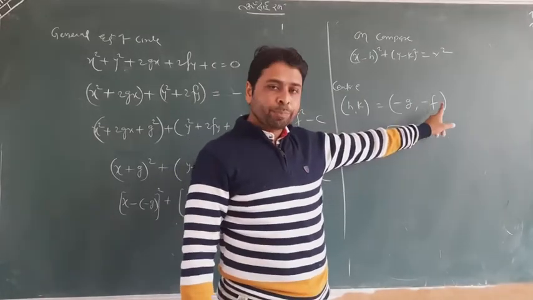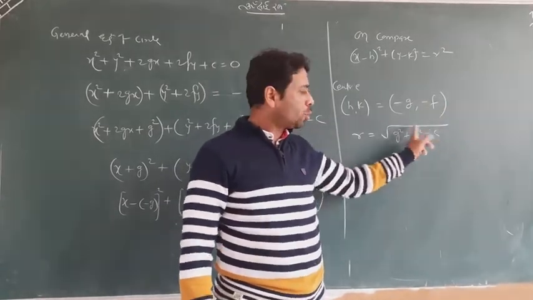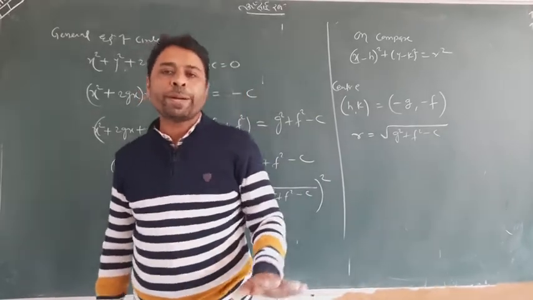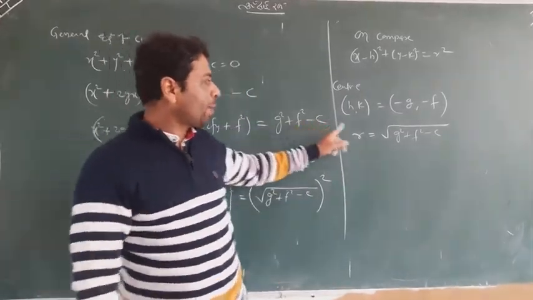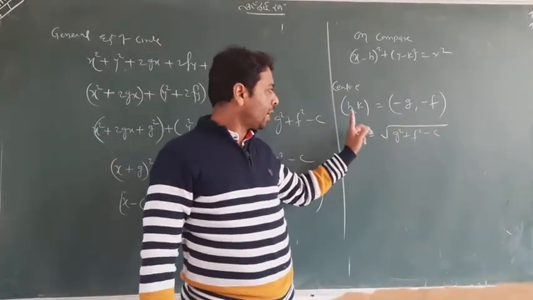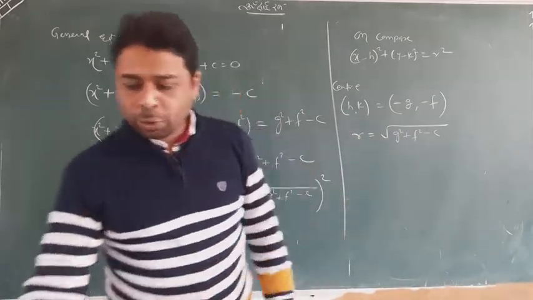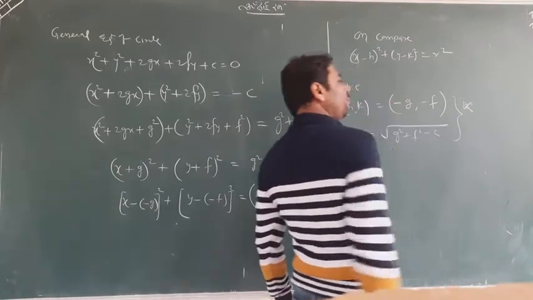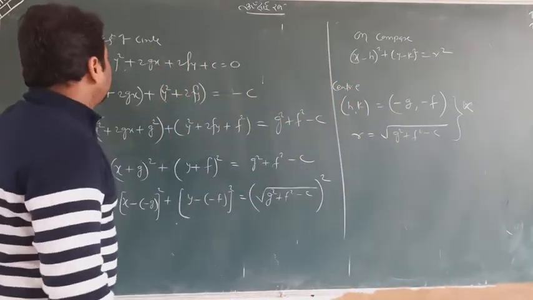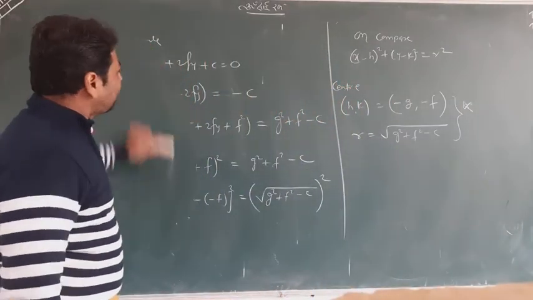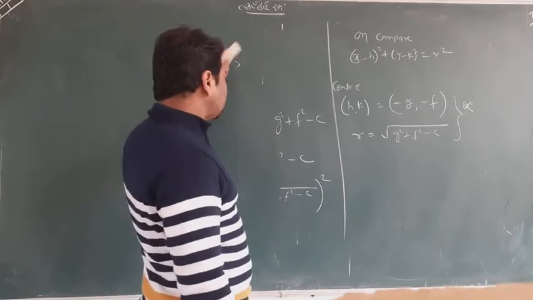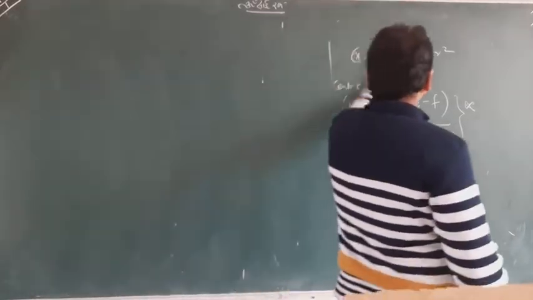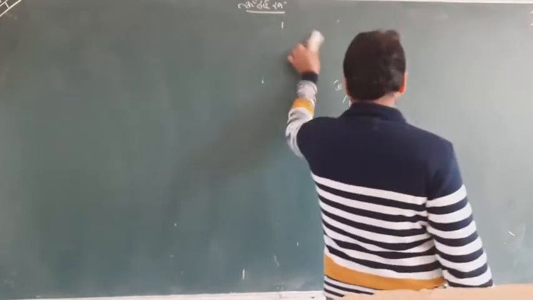But minus g, minus f, and c will be this one. So it all depends on g, f, c. Just remember these formulas, please. This is a very important formula for one and all. I think it is the final concept I taught you, and now we can do some questions.